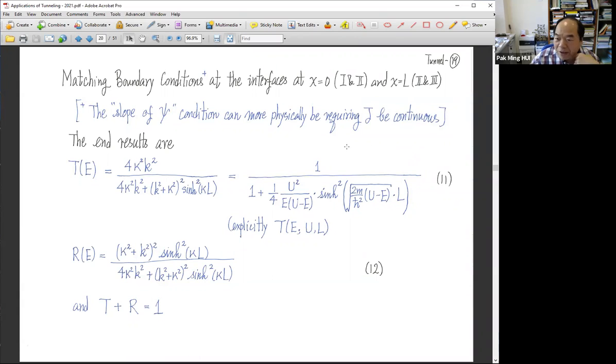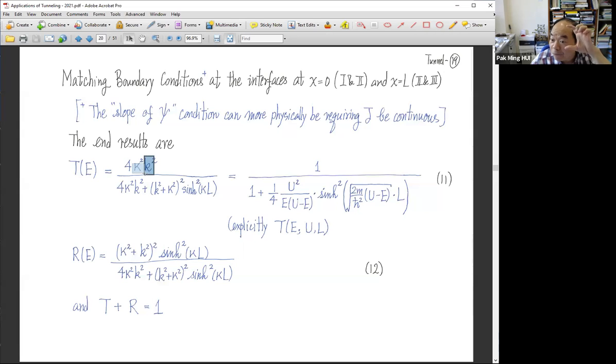Now, after you do that, you have a set of simultaneous equations, solve, okay? And I just copy out the result. The result is the transmission as a function of the incident energy, given by this, okay? I just want to remind you several things. The incident energy is hidden in K. The kappa has U in it, the barrier.